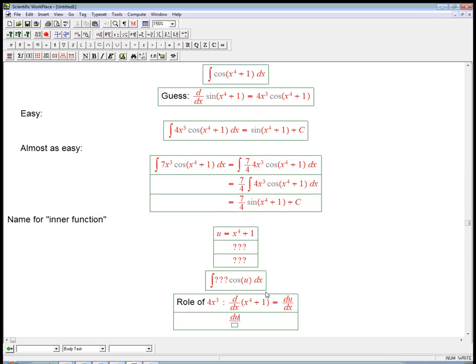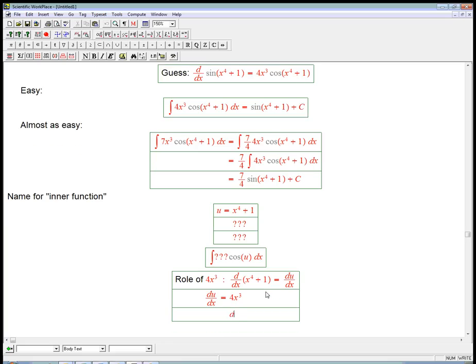So in other words, du dx, the derivative of the inner, which was so crucial to have around and available, is 4x cubed. It turns out that the notation works wonderfully well if we write that in differential form. Because look at what we're staring at here. This was the way that it worked out, sort of ad hoc, guess and check. We looked at the 7x cubed and said, well, that can be written in terms of 4x cubed. What we're going to do is say the 4x cubed times the dx, hey, that's just packaged up as du.